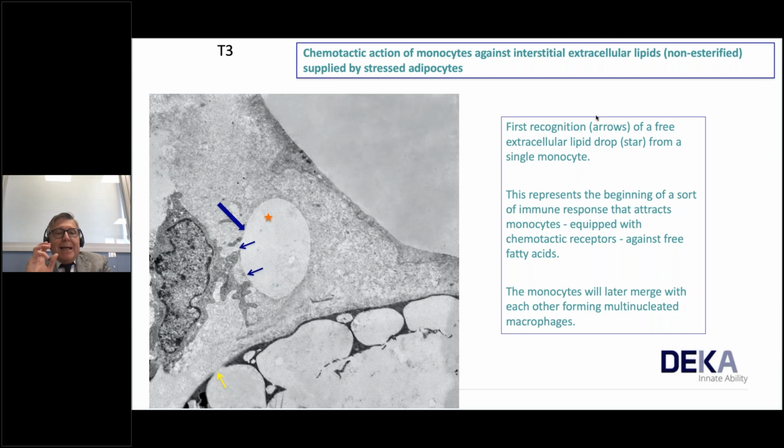I want to highlight this part of the histological sample because this is crucial. We have seen the increase and alteration of the membrane permeability. We have seen the oxidative stress, but what is important is this fantastic attraction of the monocytes by the droplets. Monocytes arrive, and you see the molecules that allow us to be very effective because they attract the droplet.